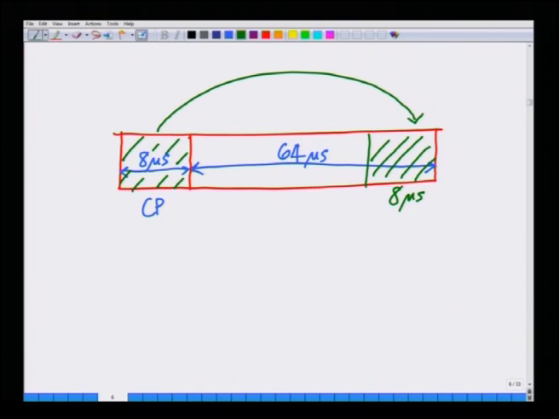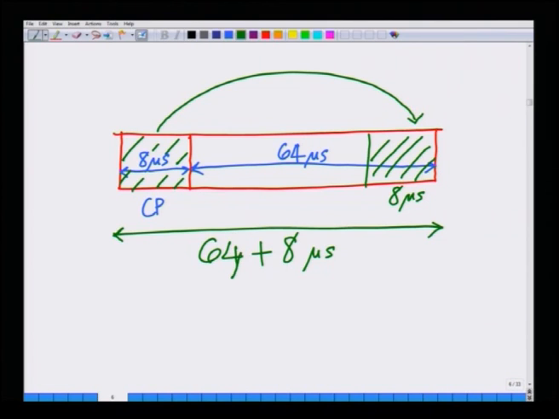So, the net now becomes 64 microseconds plus 8 microseconds equals 72 microseconds.